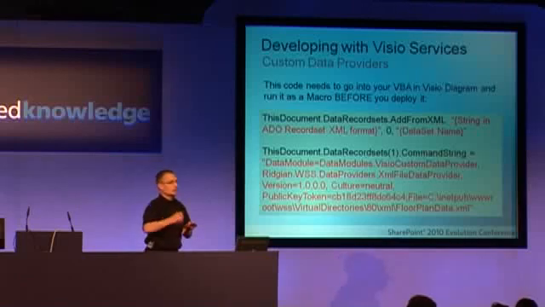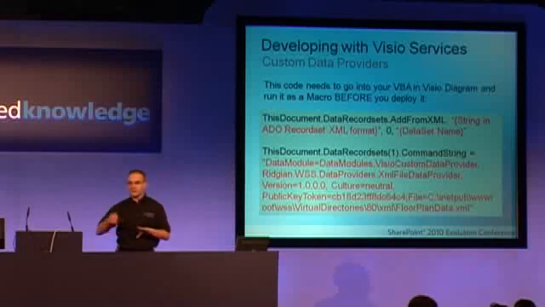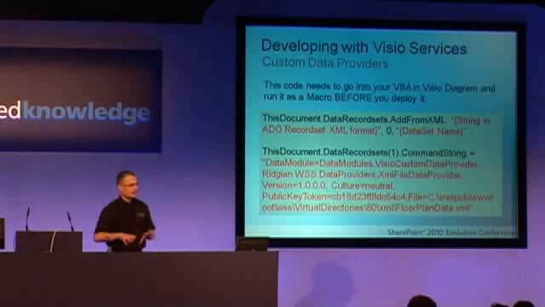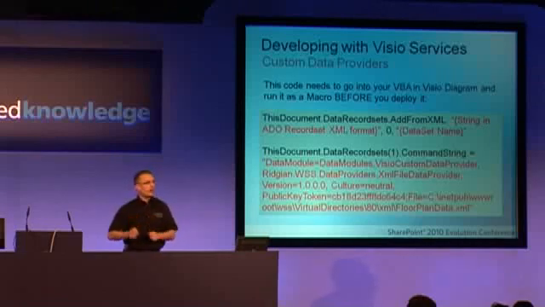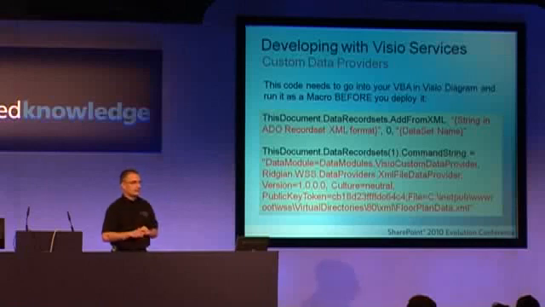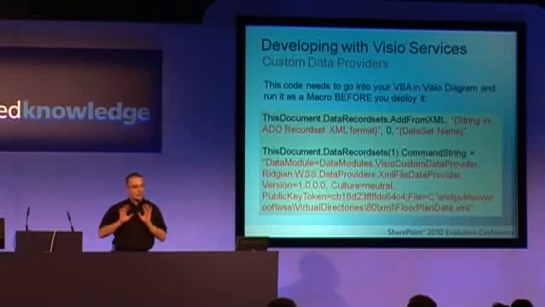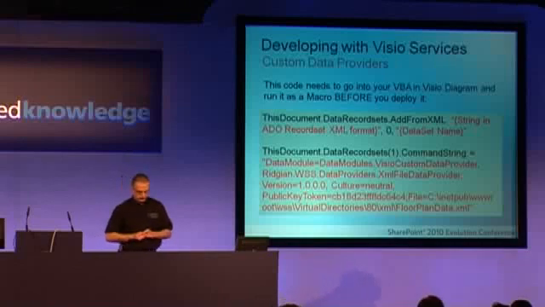Because it basically hooks up your diagram to the correct data source. The code does not go with the diagram and run on the server, so there are no implications like that. This is just running in Visio whilst you're generating your diagram, and this is what connects your diagram to its data source, and then off it goes merrily. So it only runs in Visio on the actual client, not on Visio Services or in the browser.